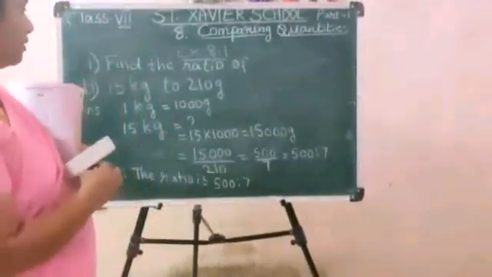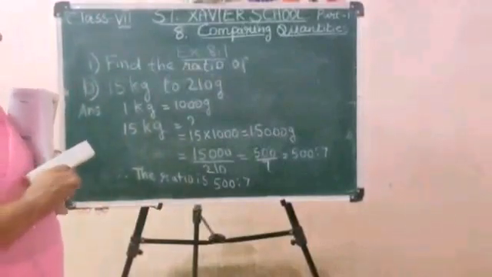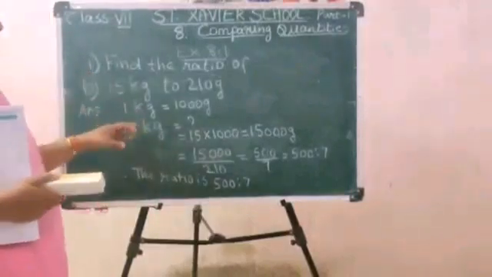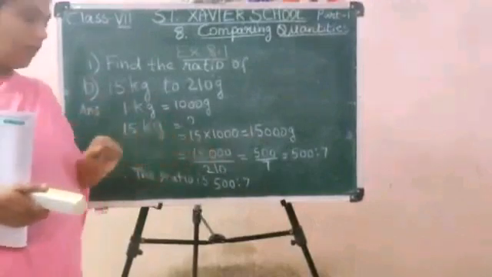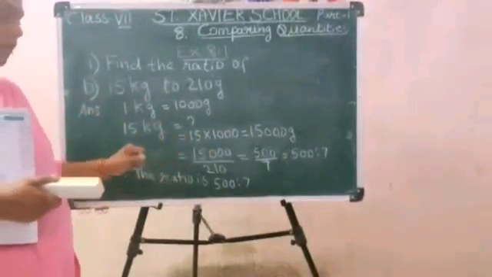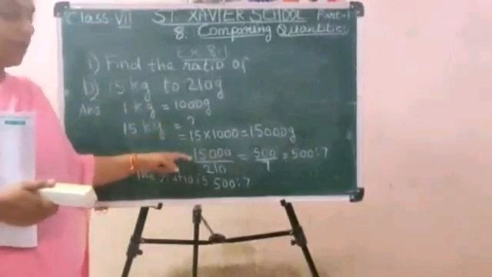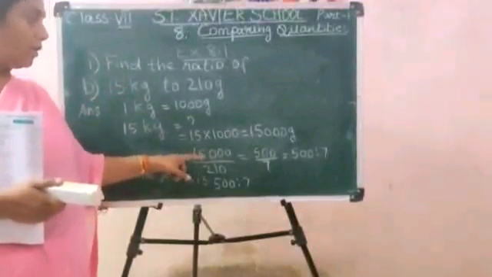Now the second one, B, 15 kg to 210 grams. Here also I converted the kg into grams. 1 kg equals 1000 grams, so 15 kg will become 15,000 grams. One thing we have to remember is that whichever is first in the ratio, that only will come first. Here kg is in the beginning, so it has to be written first.